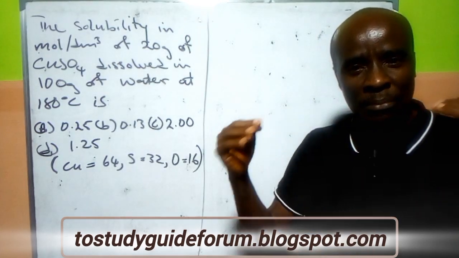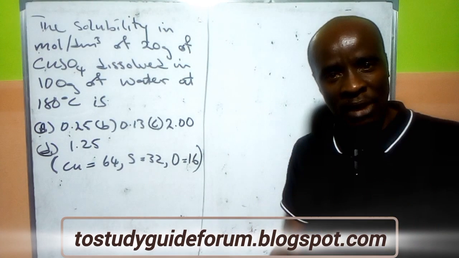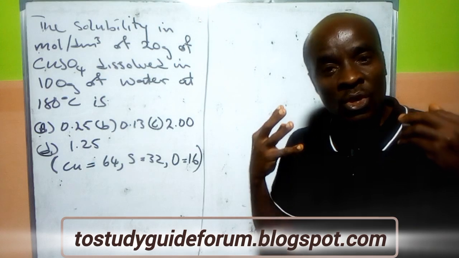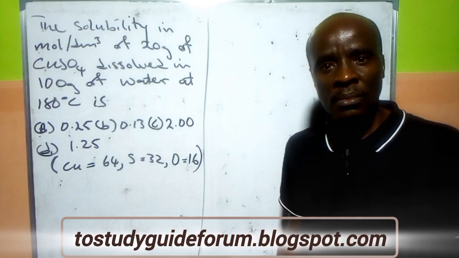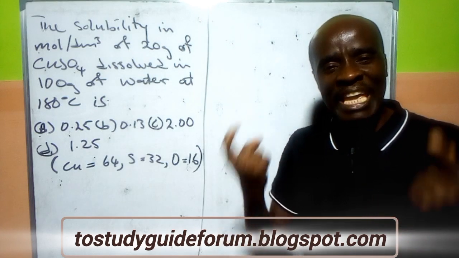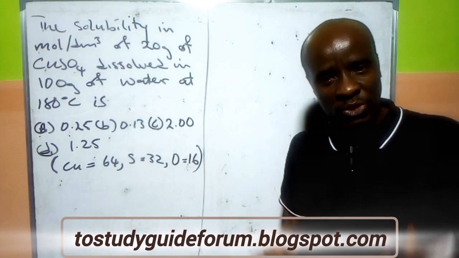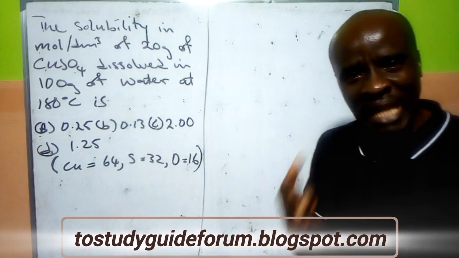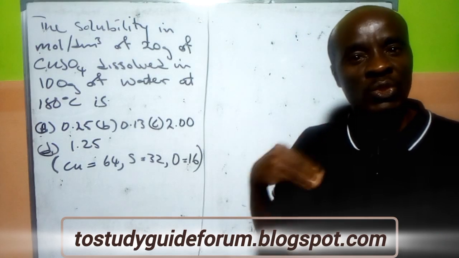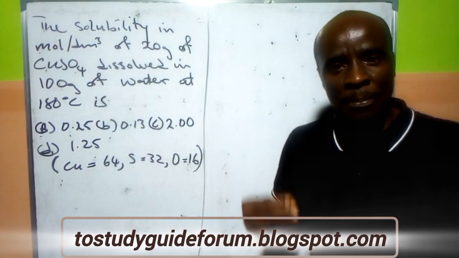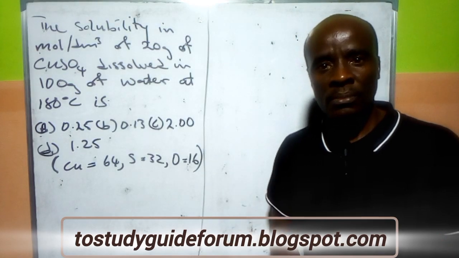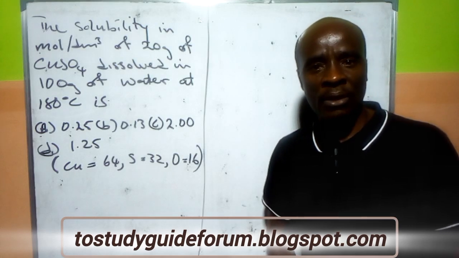We mean the maximum amount of that solute, in mole or in grams, that will be able to saturate 1 dm cube of the solvent at that particular temperature. That is what we mean when we talk about solubility.